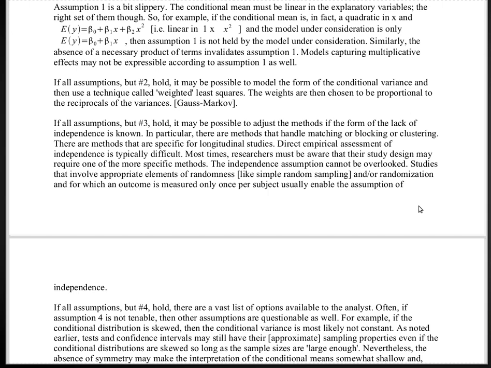All of these are instances in which the independence assumption cannot be overlooked. And on the face of it, you may be thinking, this independence matter, is that a really big deal? Well, it sure is. It turns out, and we'll be looking at this in a much later session, that one can go seriously wrong by ignoring the fact that the observations have properties of dependency that are in play. So there's a lot here, and this is intended only to be an introduction.